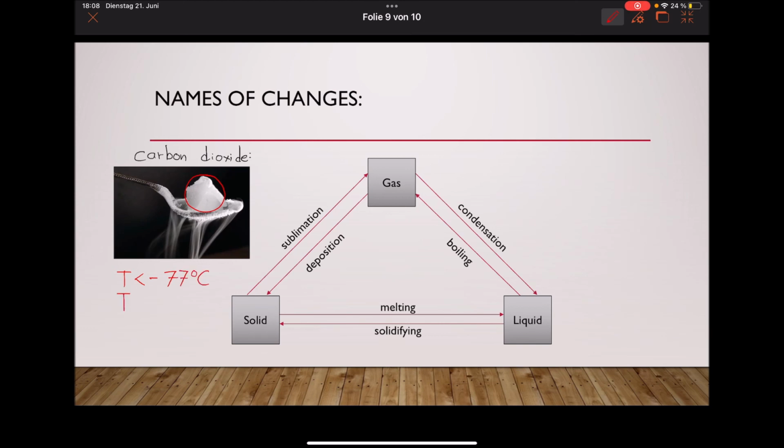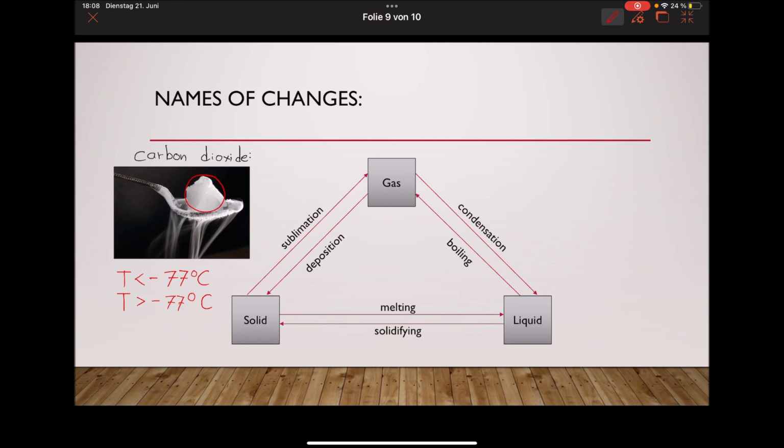If we have a temperature hotter than minus 77 degrees Celsius, well, hotter is relative because even minus 70 degrees is cold, but still at temperatures above minus 77 degrees, the solid carbon dioxide directly turns into gaseous carbon dioxide, and it skips the liquid state of matter.